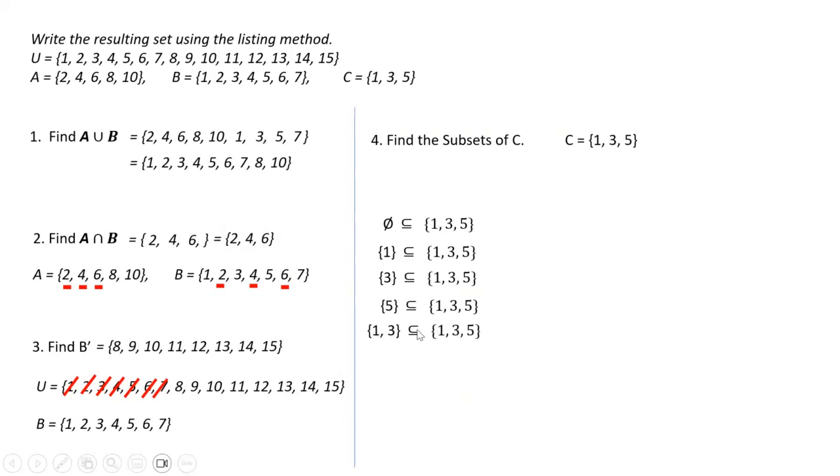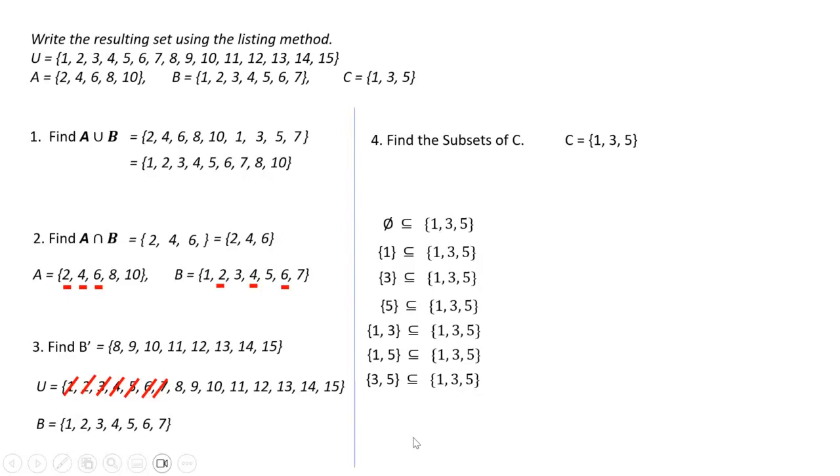The set 1 and 3 is a subset of the set 1, 3, 5 because both 1 and 3 are in the set 1, 3, 5. Now let's use 1 and 5. The set with elements 1 and 5 is a subset of the set containing the elements 1, 3, and 5. Now let's do 3 and 5. The set containing elements 3 and 5 is a subset of the set containing the elements 1, 3, and 5.